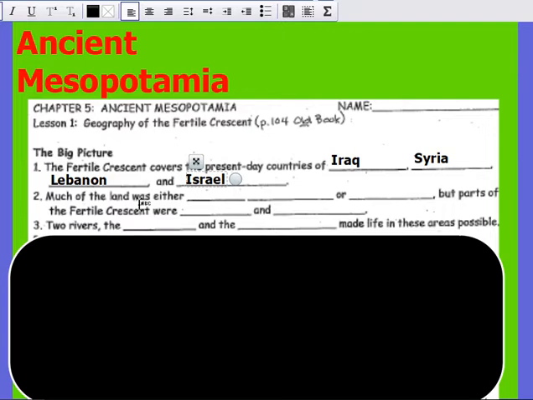Now we're going to take it a section at a time, so we're going to do the first 3 questions, and then I'll move this box and move this paper and you'll see the next few.